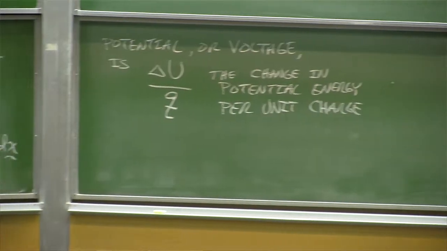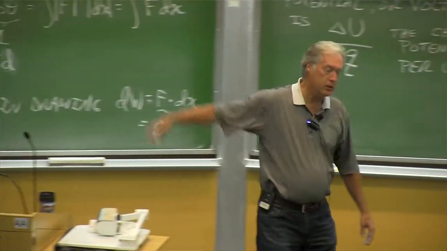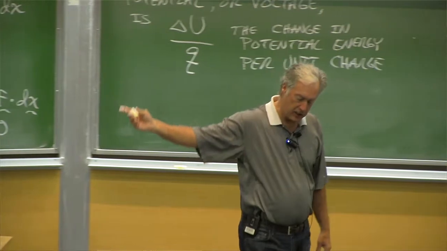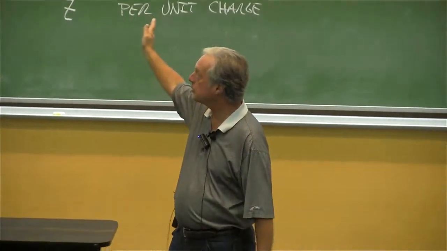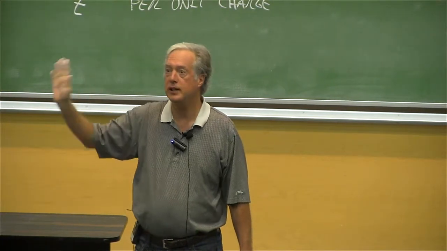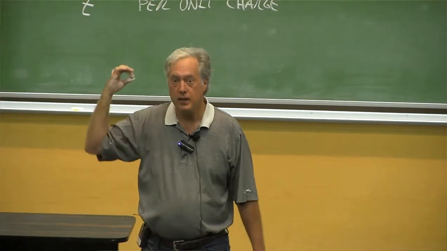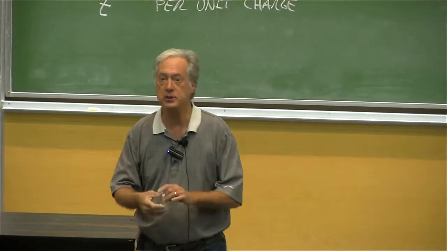This is a very helpful thing to think about. Let's look back to our initial drawing. If I had a charge equal to 1, and I move it across between the plates, I'll get a change in potential energy equal to that charge times E times the distance, the separation.